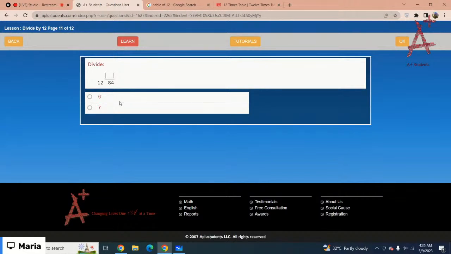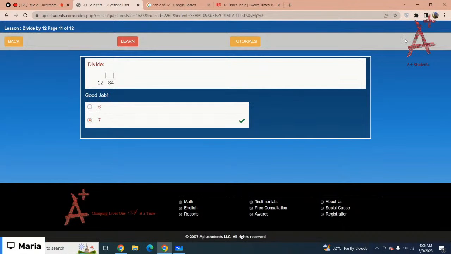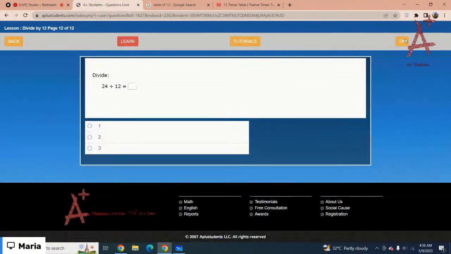Very good. 12 times 7 is 84. So the correct option is 7. 12 times what number is 24, which is the correct option? Very good. 12 times 2 is 24.